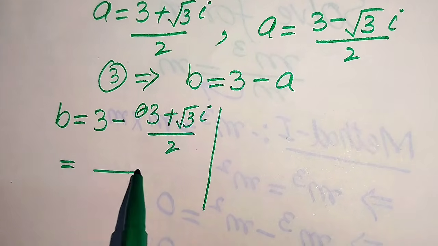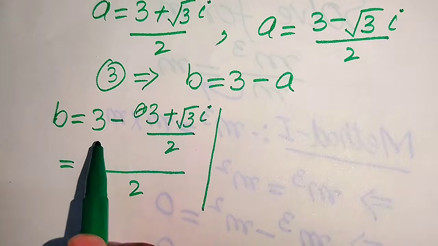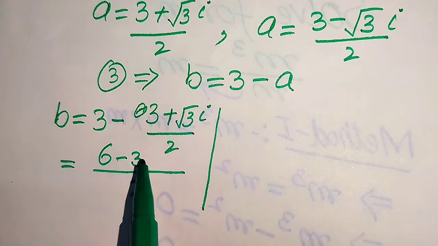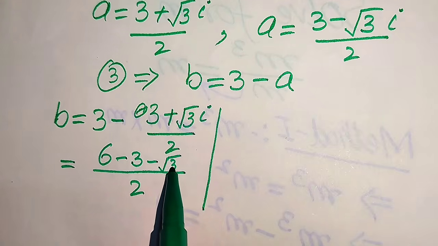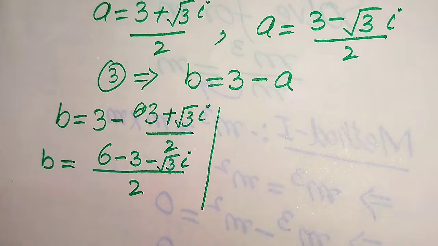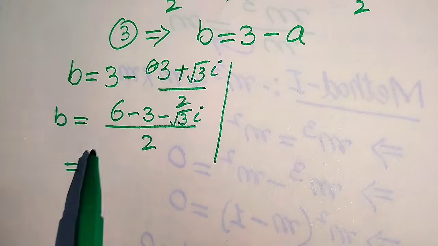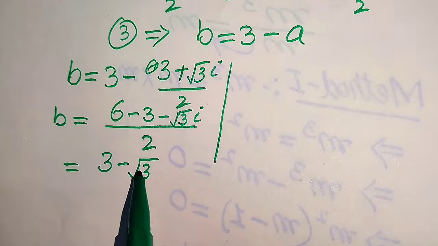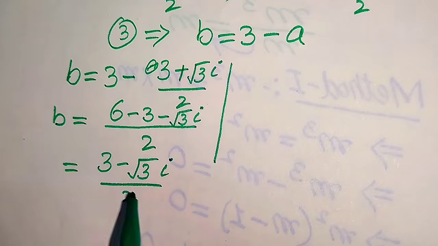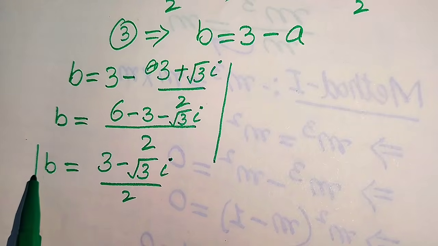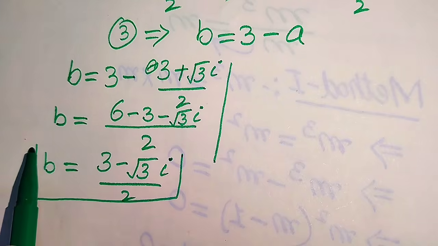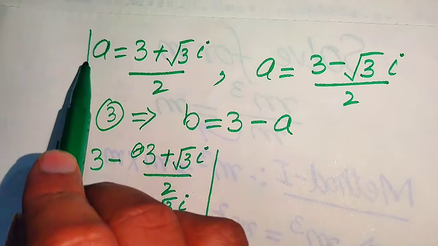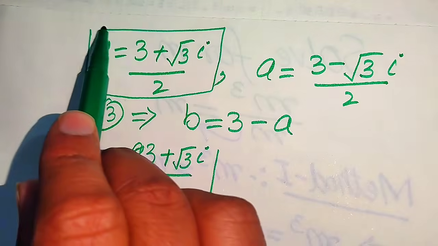We take the LCM, which becomes 2, and we get 2 times 3 becomes 6, and we multiply the negative sign on both of these two values, and it becomes minus 3 minus square root of 3 iota. When we subtract, we get 6 minus 3 becomes 3 minus square root of 3 iota, divided by 2. So this is the value of b corresponding to this value of a.